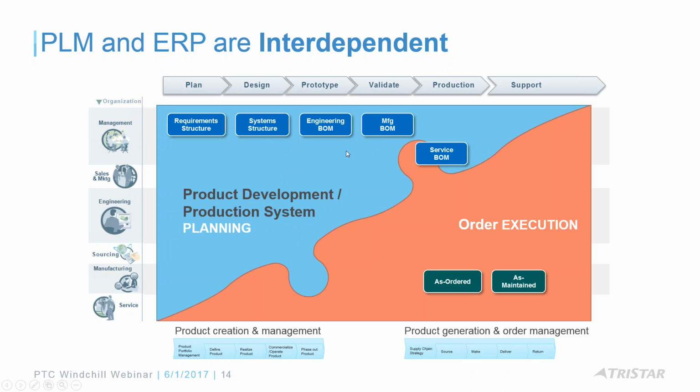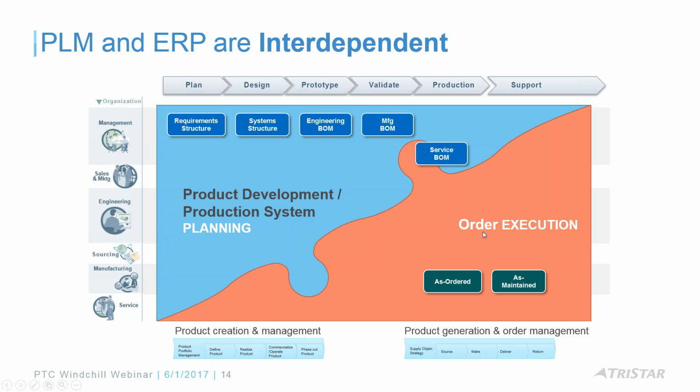I may then maintain a manufacturing BOM, and as that is pushed for execution into downstream ERP systems, another BOM will be maintained, right? The manufacturing BOM or the as ordered or as maintained BOM. What am I manufacturing to?